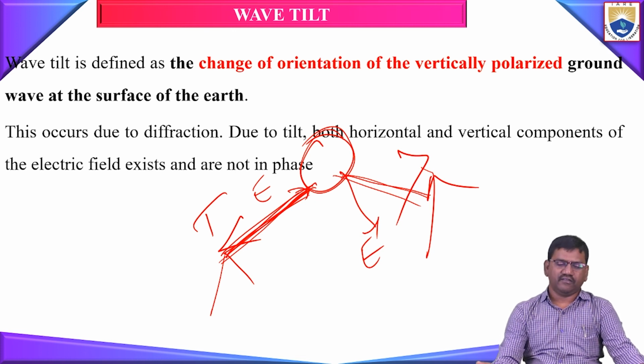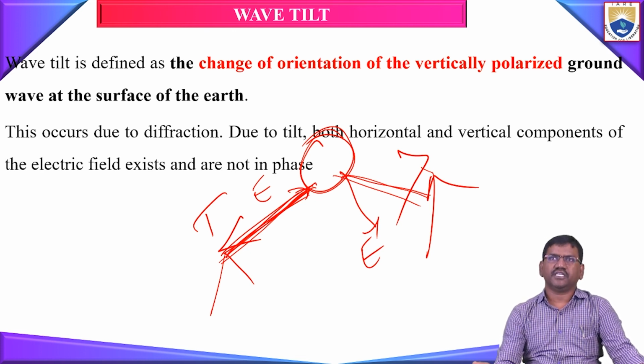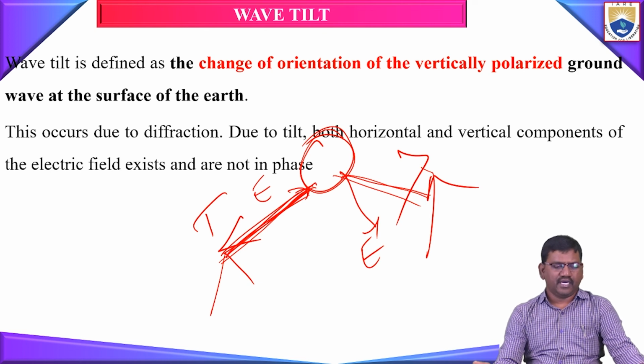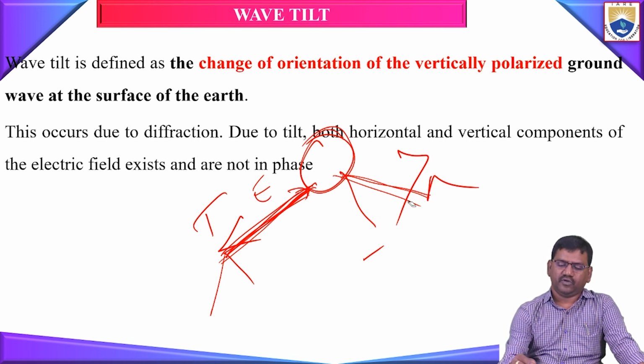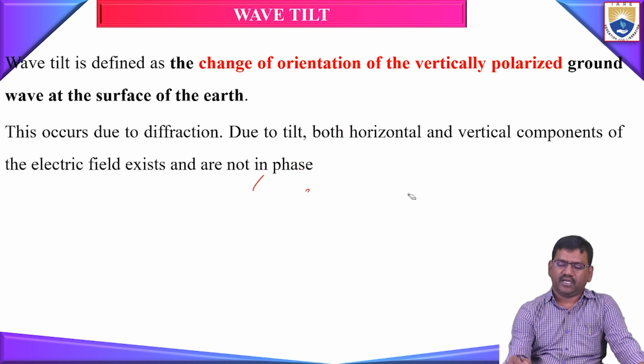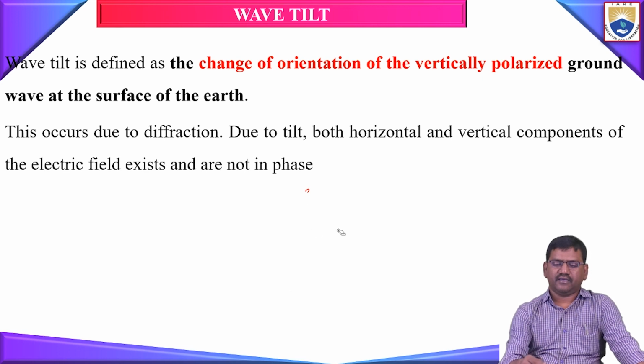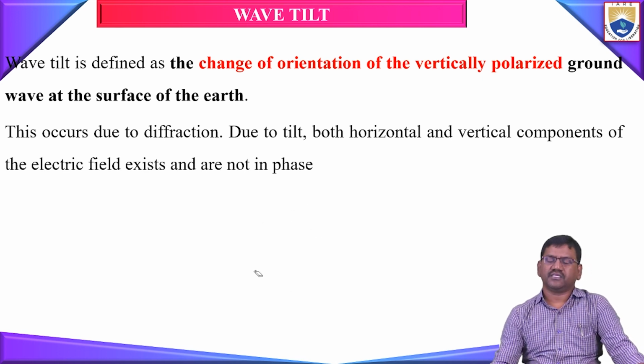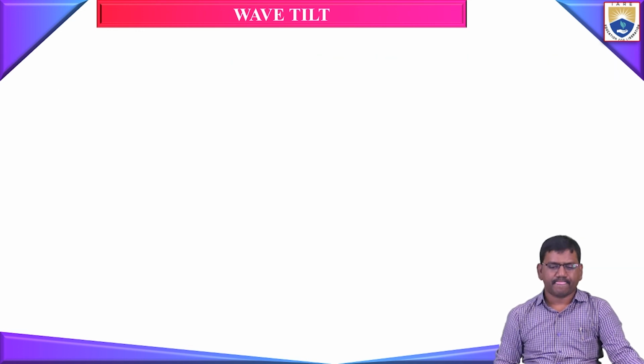This occurs due to diffraction. Due to the tilt, the horizontal and vertical components are not in phase, and the electric field and magnetic field components also change when multiple reflections happen after striking the obstacles.